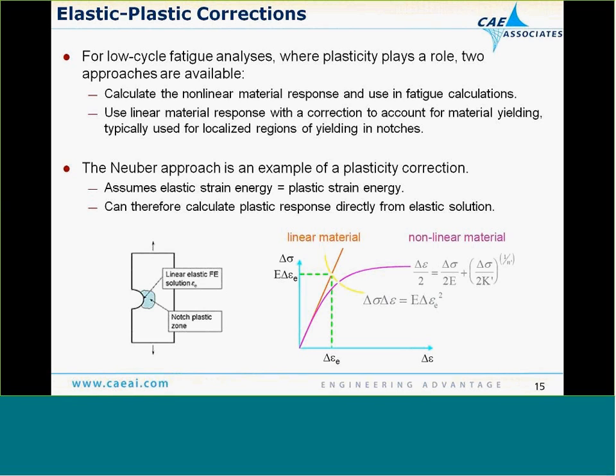Therefore, if you know what the elastic response is, you can then get the equivalent plasticity response at that notch without having to run a full nonlinear plasticity analysis. And nCode has a number of different elastic plastic correction approaches that can be used to include the effect of plasticity in local notch regions.